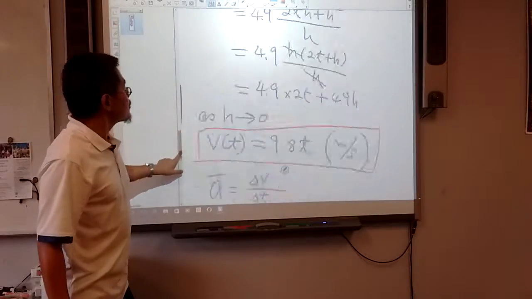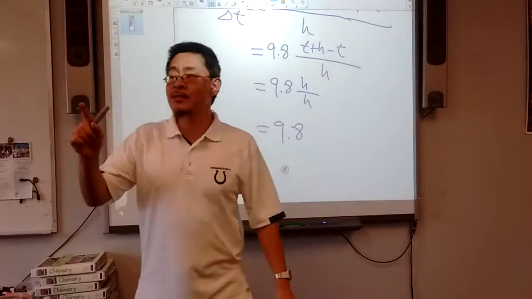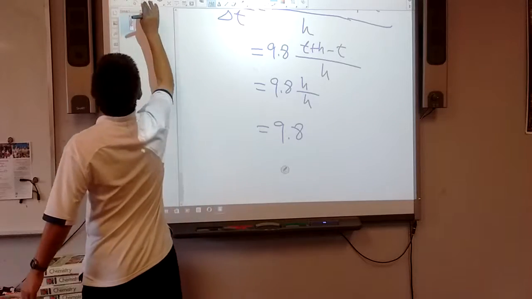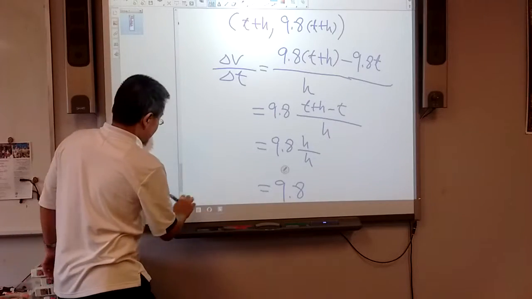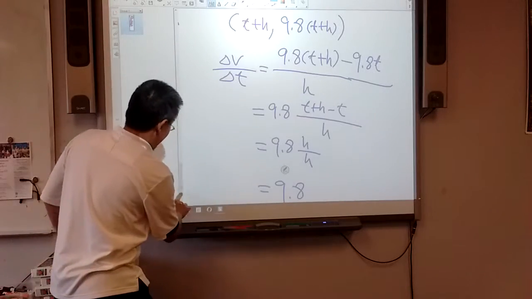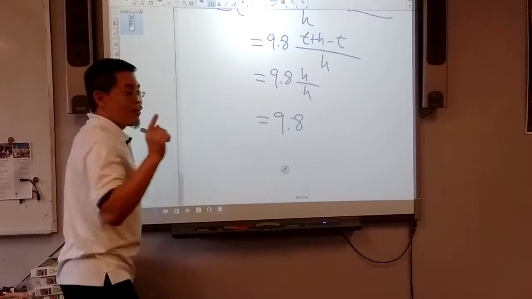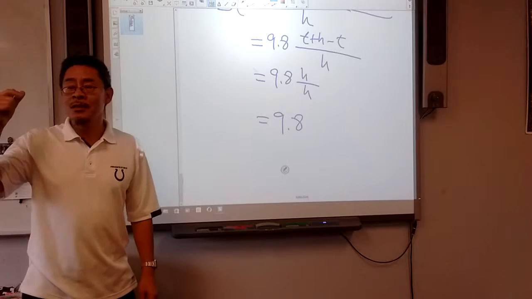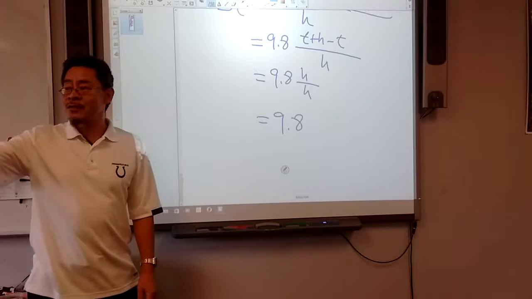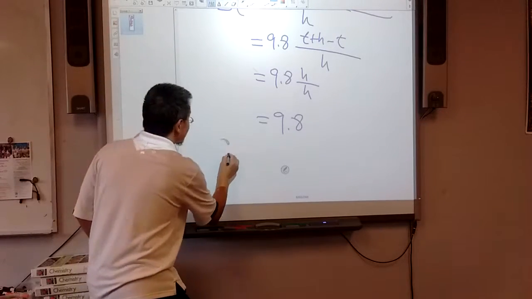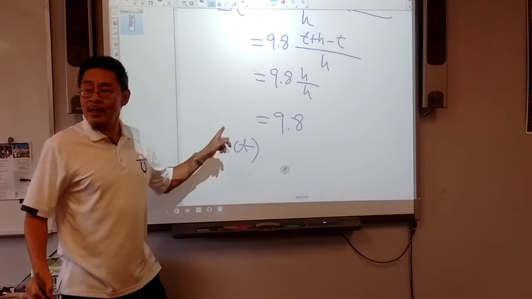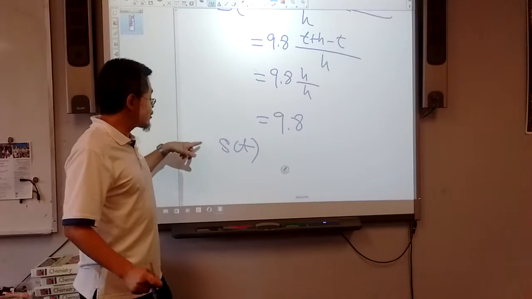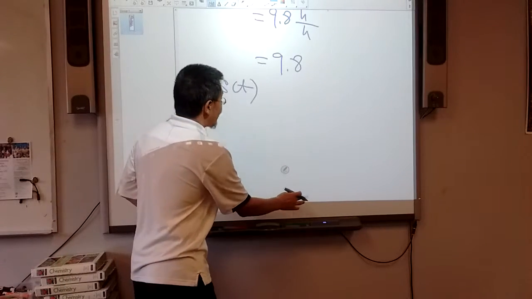Okay, notice. Guys, pay attention here. We start with a function, which is the distance as a function of time, s of t. Then, finding its slope function, we find the velocity.